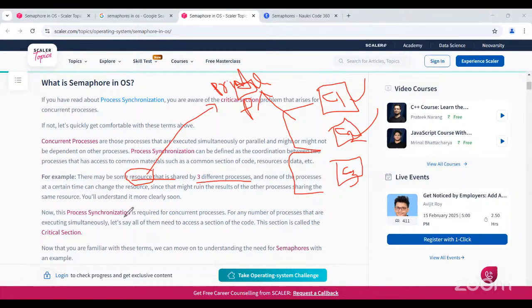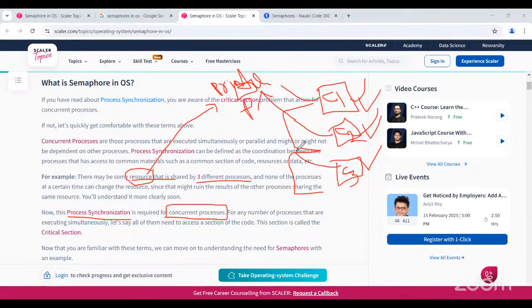Now this process synchronization is required for concurrent processes, that is, the number of processes executing simultaneously. These are three processes, and they have to execute one after the other.